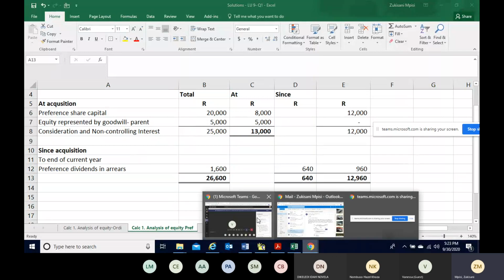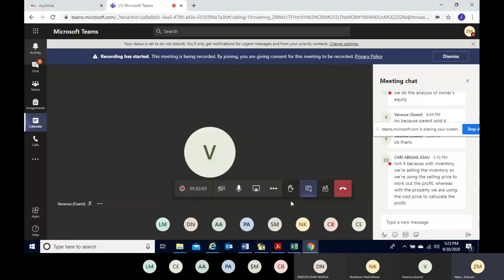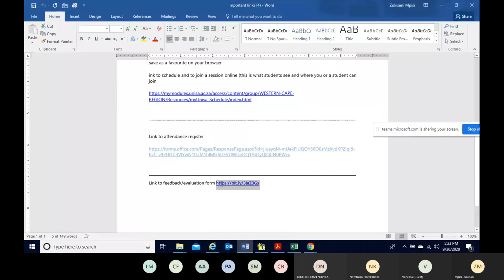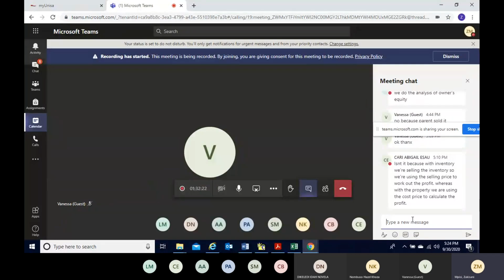So what I'm going to do is quickly check the consistency on calculating the unrealized profit on property. And whilst I'm doing that, I'm quickly going to share this with you, so that you quickly complete the evaluation in the meantime.